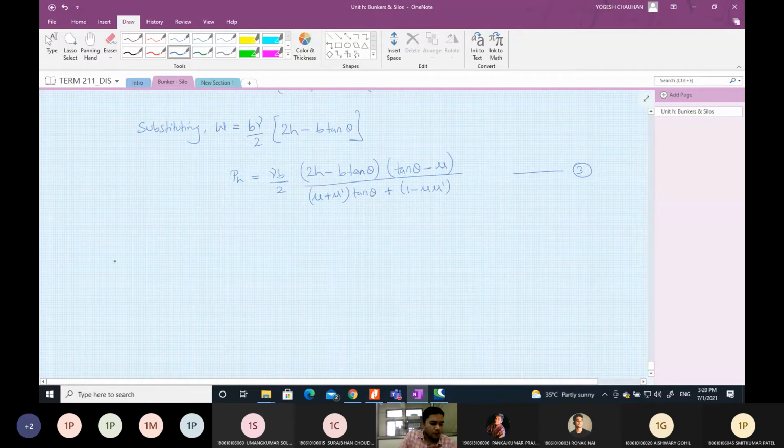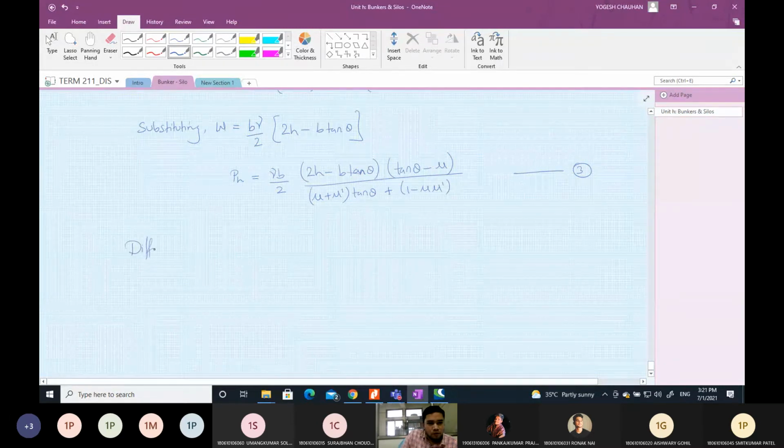Now, as earlier, differentiating this pH with respect to theta will get the total horizontal force pH, okay, per unit length.